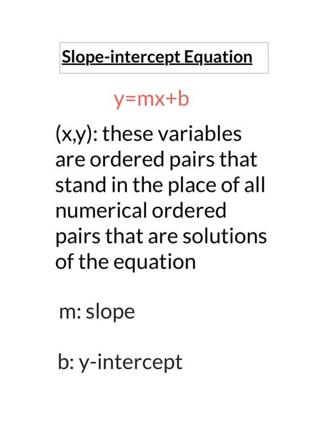This is the slope-intercept equation. It looks like alphabet soup. What do these variables mean? Well, first of all, the x and the y.